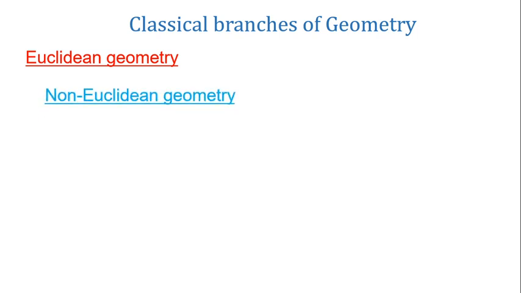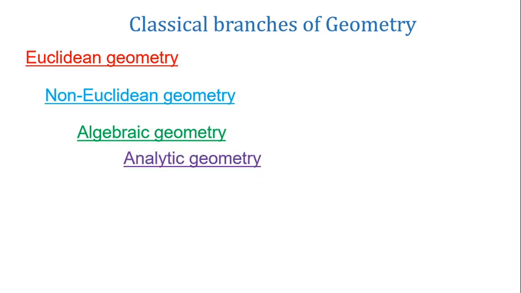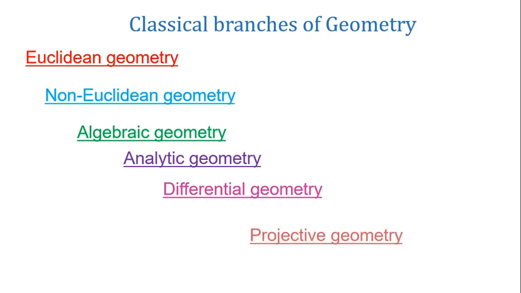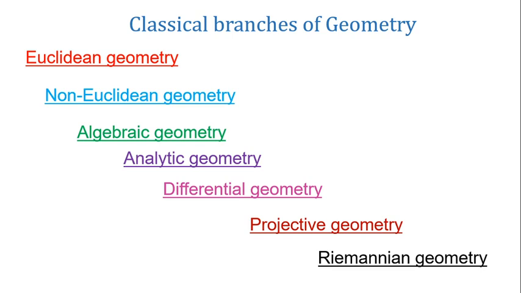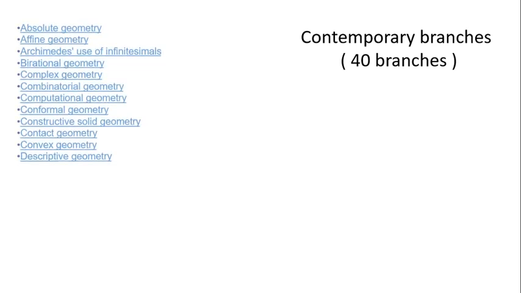Then the next branch of geometry is non-Euclidean geometry. Like this the list goes on: algebraic geometry, analytic geometry, differential geometry, projective geometry, Riemannian geometry, and there are more than 40 branches now.